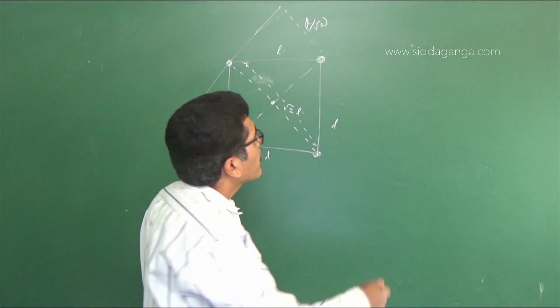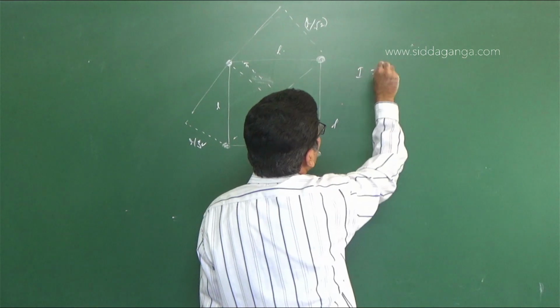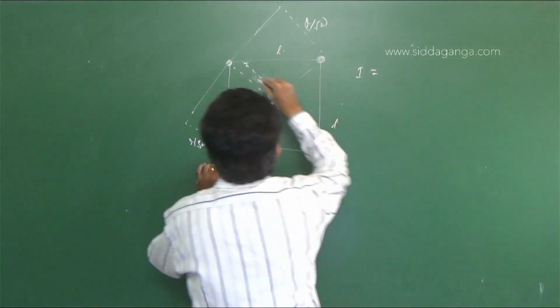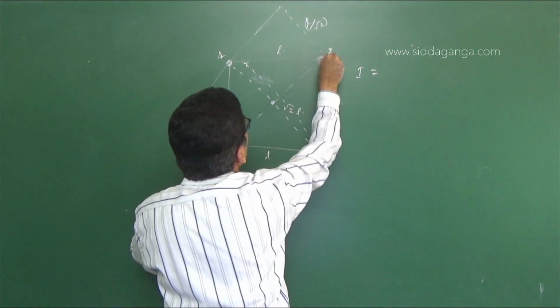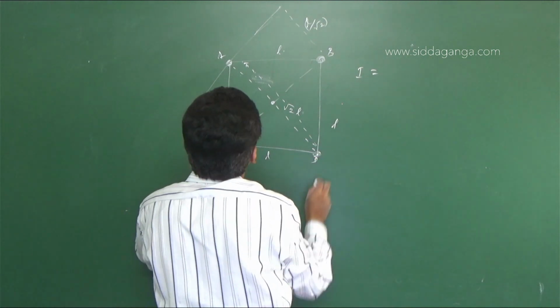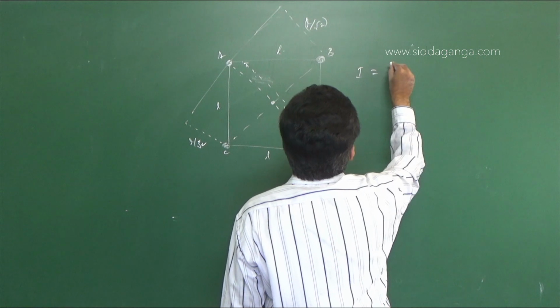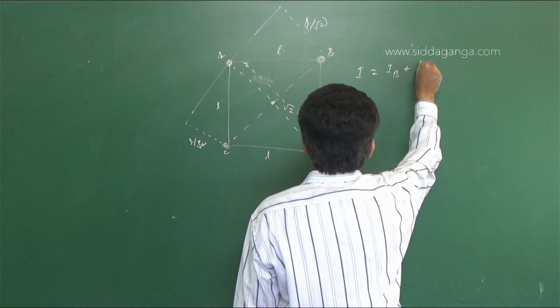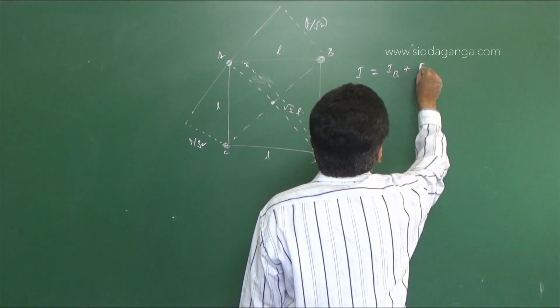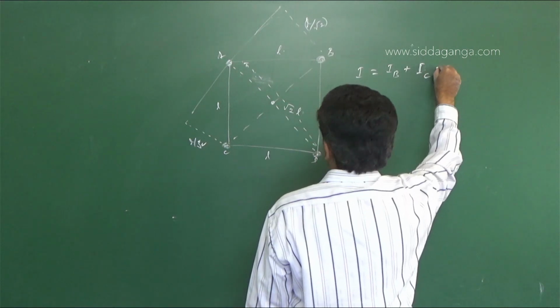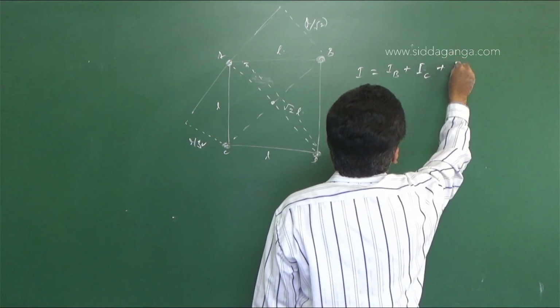Now you just take the total moment of inertia. If I take this as A, B, C, D, okay, I becomes equal to IB plus IC plus ID.